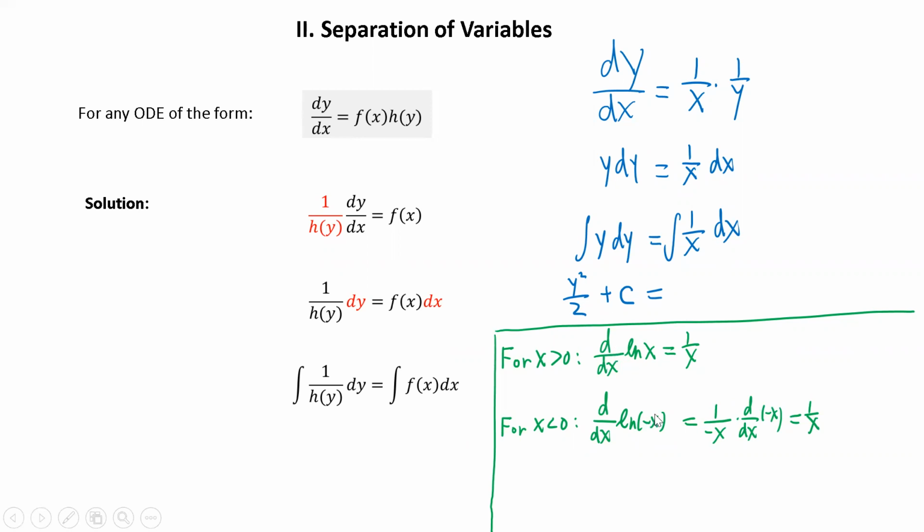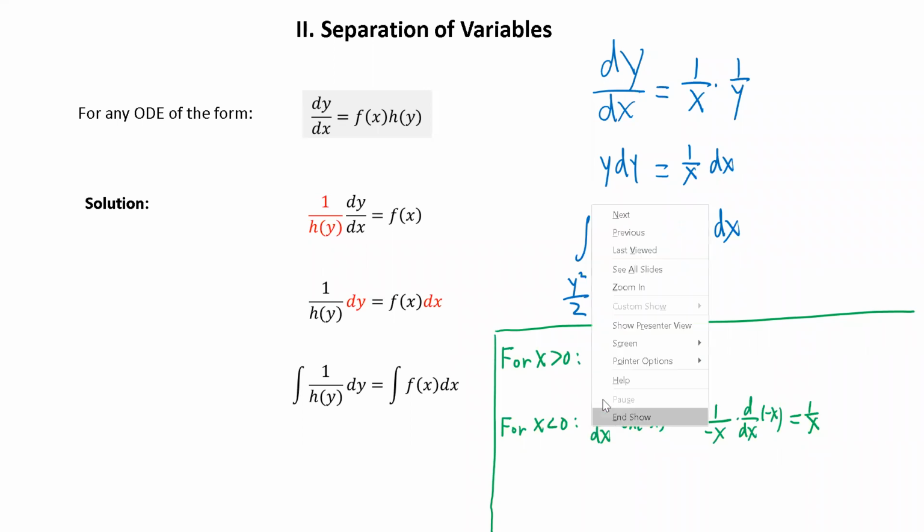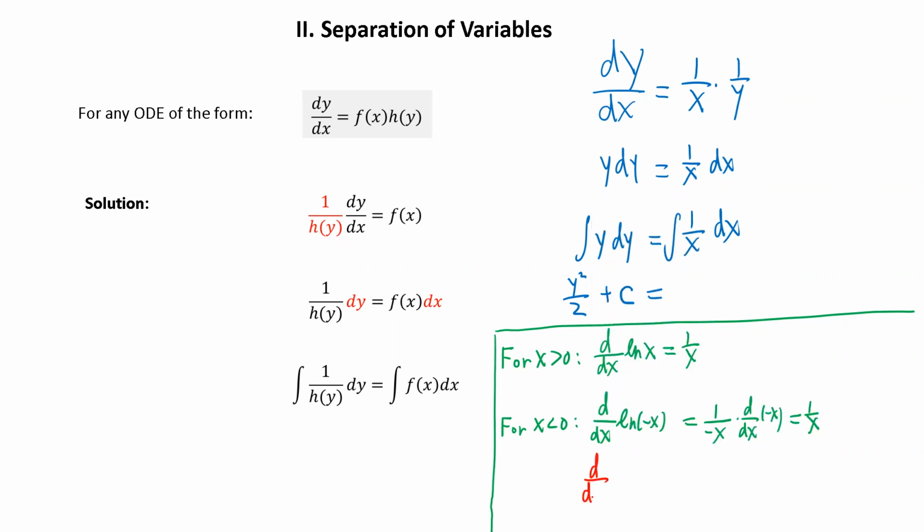So I have actually two cases. If I want to combine these two cases in one formula, what I would write down is this: the derivative of log of the absolute value of x is equal to 1 over x.